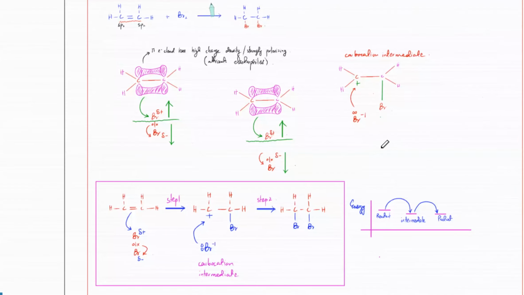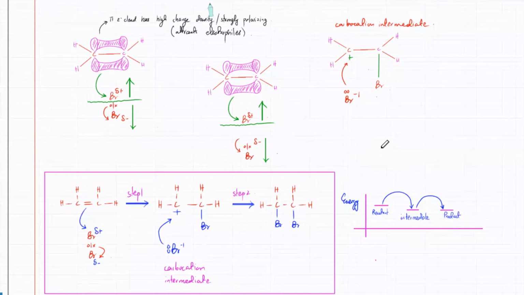So it's a two-step reaction where in the first step, the positive bromine takes the pi electron cloud and bonds with the carbon atom by using that pi electron cloud, and the carbon over here becomes electron deficient, and then the Br-1 comes back, attracted to this carbocation.